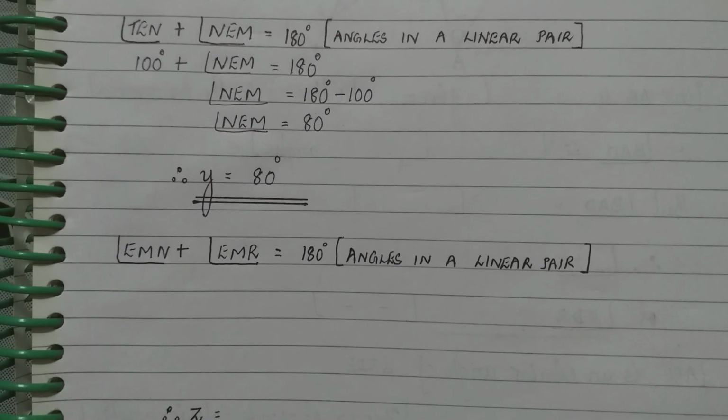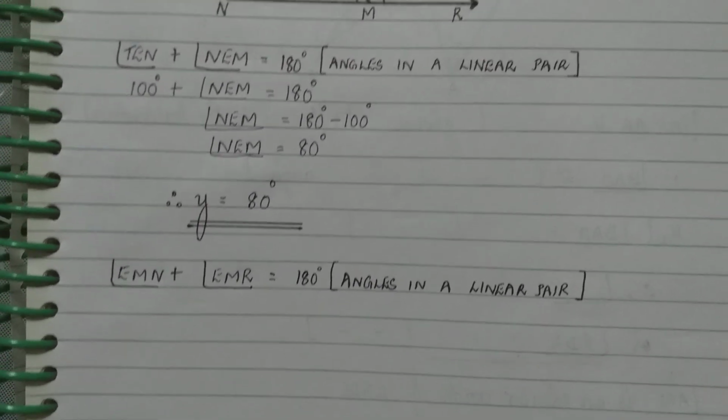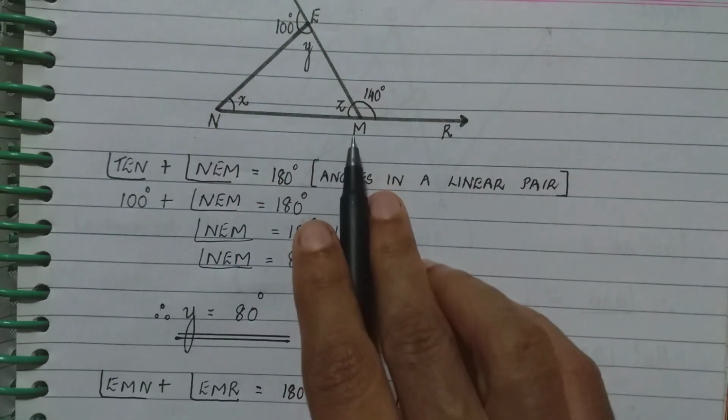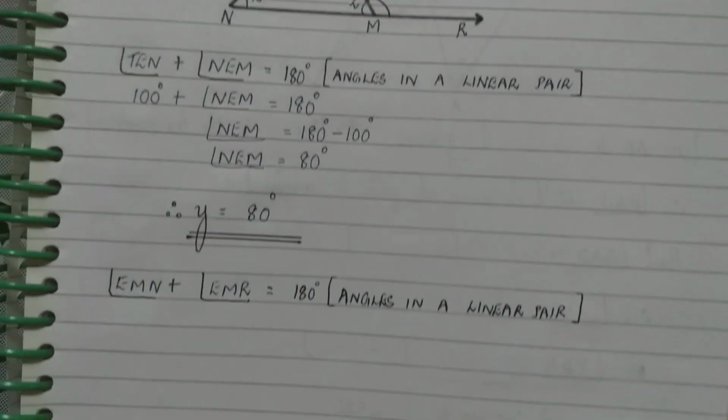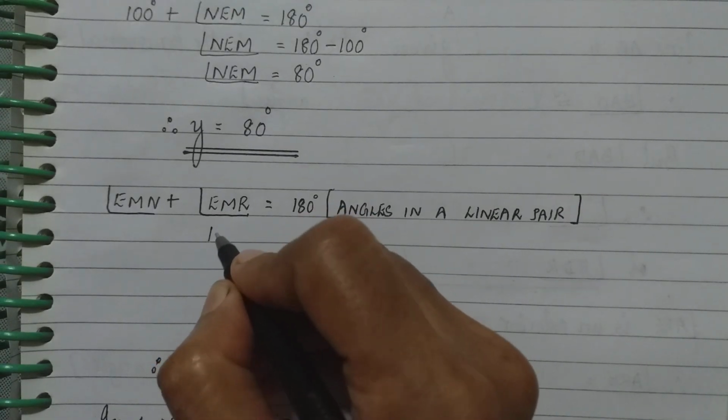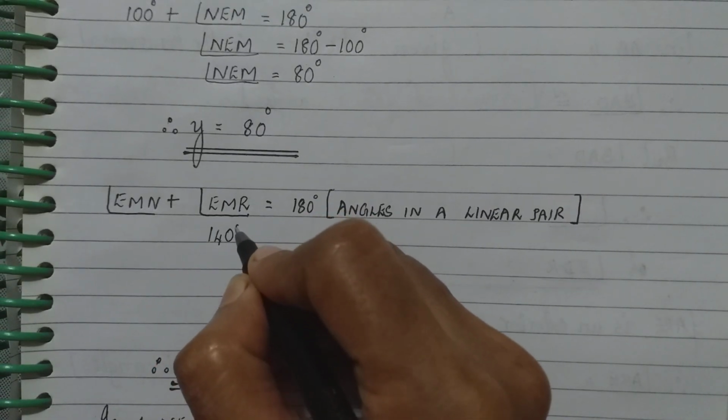What is the reason? Angle in a linear pair. But which angle is 140 degree? Angle EMR.